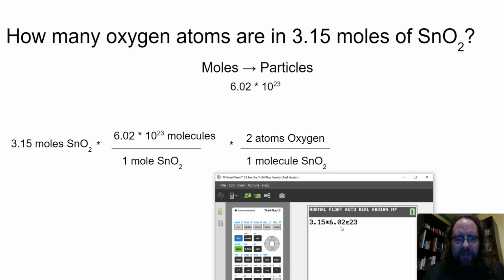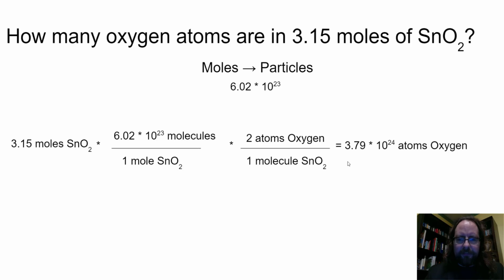And that makes it so I actually don't need to use parentheses when I'm doing this number. If you do times 10 to the, you might need to use parentheses depending on what you're doing. And then times 2. And this tells me that I'm going to end up with 3.79 times 10 to the 24th atoms of oxygen. So going back, we end up with 3.79 times 10 to the 24th atoms of oxygen.